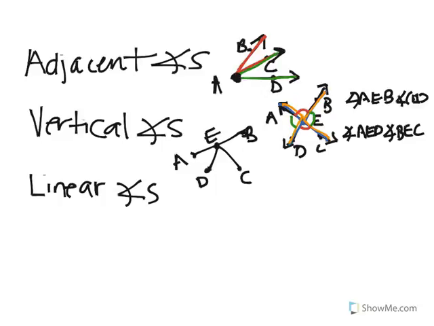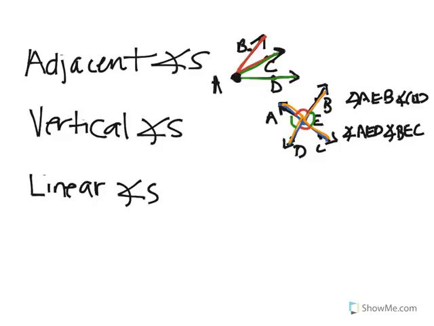But they're not two straight lines that are intersecting. This is not a straight line. This is not a straight line. So they do not form vertical angles. You need to have two straight lines intersecting like this. Okay, so that is not a vertical angle.